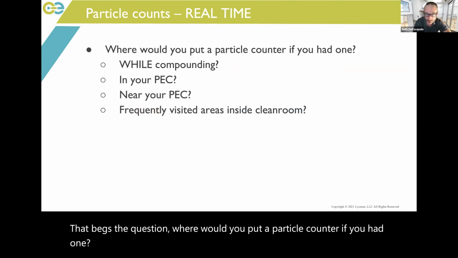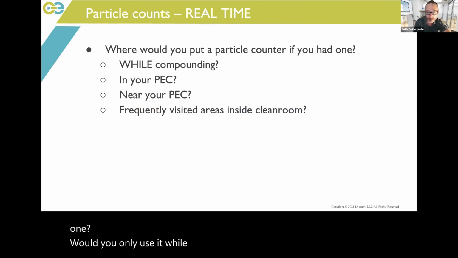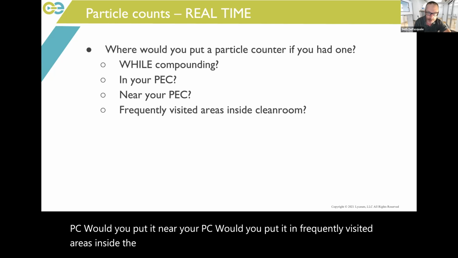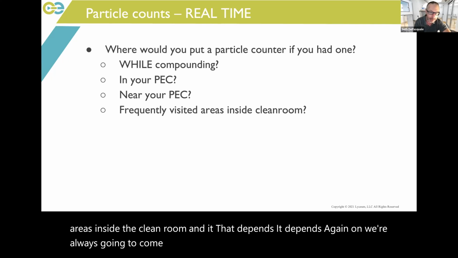Would you only use it while you're compounding? Would you put it in your PEC? Would you put it near your PEC? Would you put it in frequently visited areas inside the clean room? And that depends. We're always going to come back to risk here. It depends on the risk of the compounding procedure.